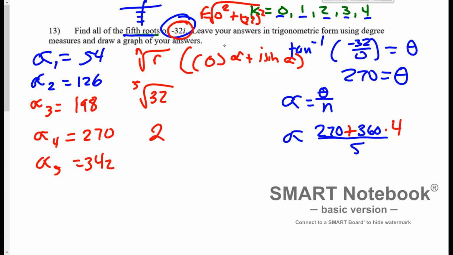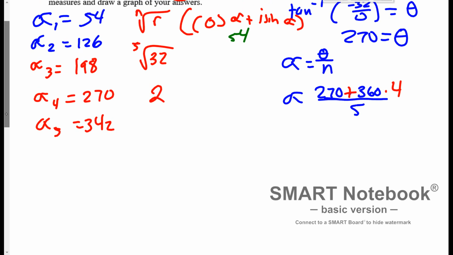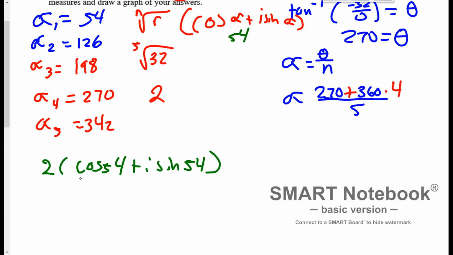So I know that answer. Now I can just do all my alphas. So 54. What's cosine of 54? I can type that in, or I can just write these answers just like this. So 2 times cosine of 54 plus i sine of 54. I can just type that in and get it, but I think it wants it in trig form. Yeah, in trig form, so I can just leave my answers like that.